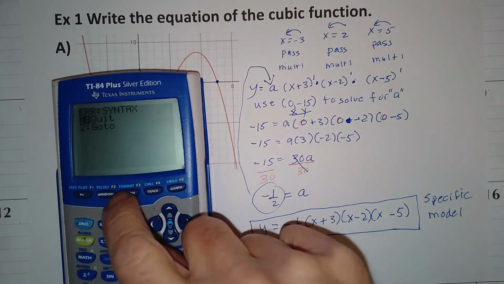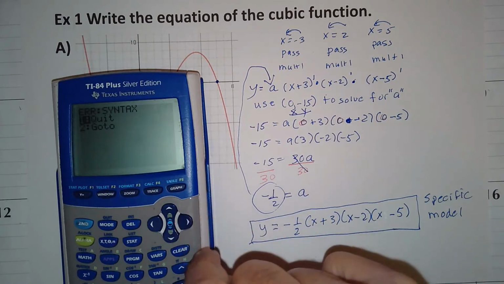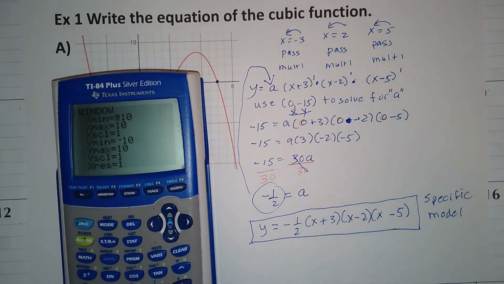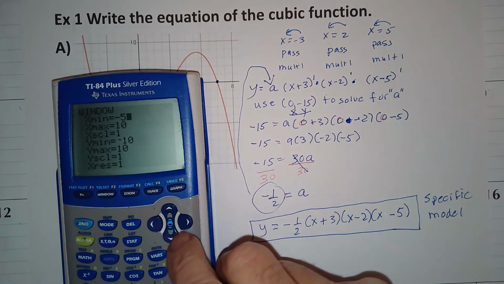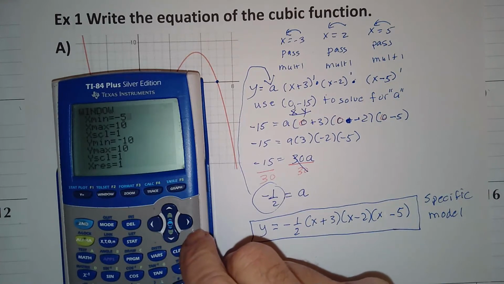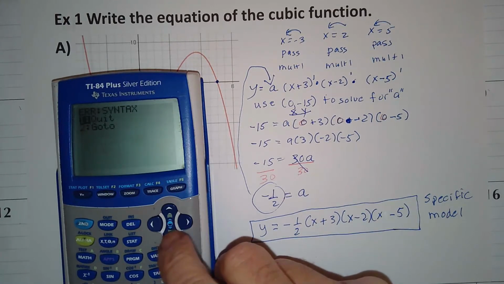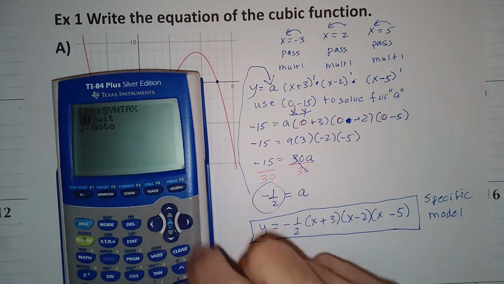Oh, I know why. Let's go ahead and clear that again. Window, negative 5. Okay. That should allow me to go down like that. I think my graphing calculator is starting to die on me here.